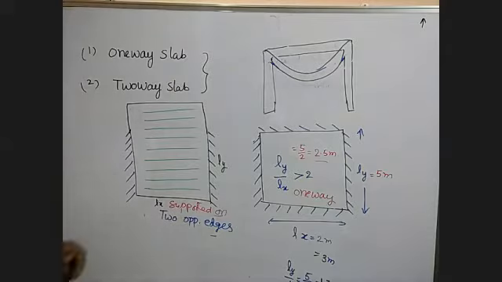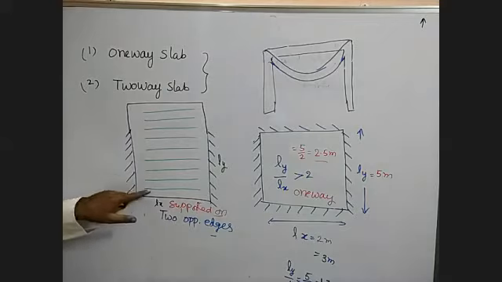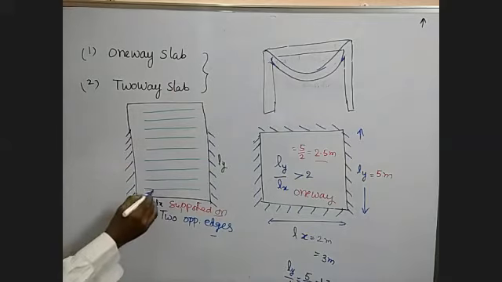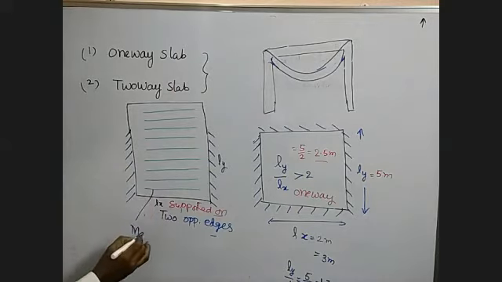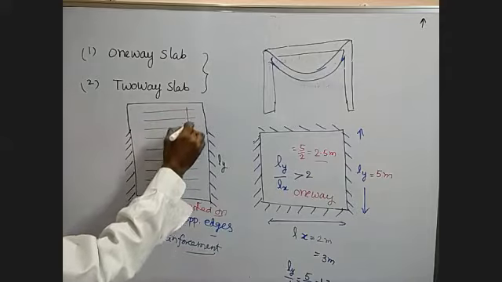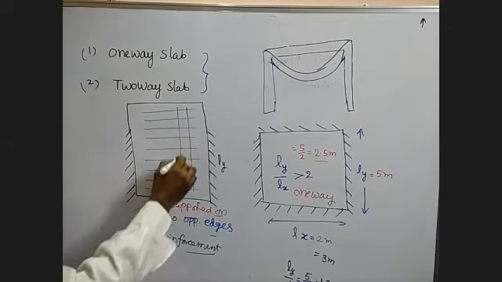So now here, for one-way slab, the bending is in this direction. That is why the gray lines, we call it as main reinforcement. Of course, for slabs, you have another reinforcement in the perpendicular direction.